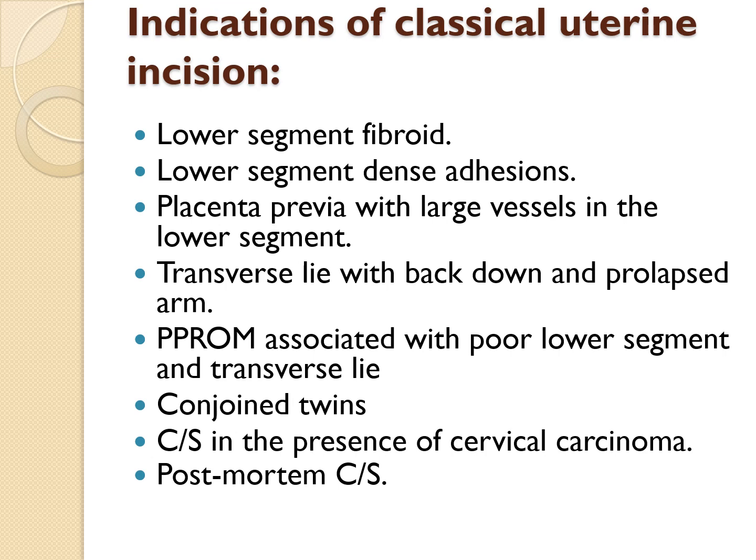These are when a lower segment fibroid prevents the lower segment transverse incision, lower segment dense adhesions, placenta previa with large vessels in the lower segment, transverse lie with back down and prolapsed arm, premature pre-labor rupture of membranes associated with poor lower segment and the transverse lie, conjoined twins, cesarean section in the presence of cervical carcinoma, and postmortem cesarean section.